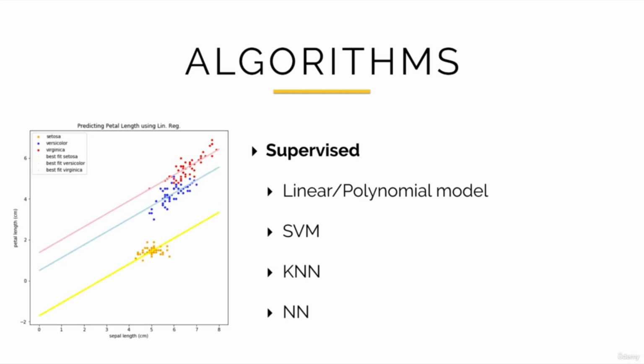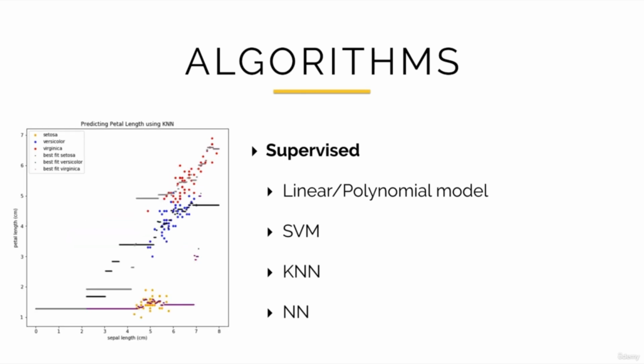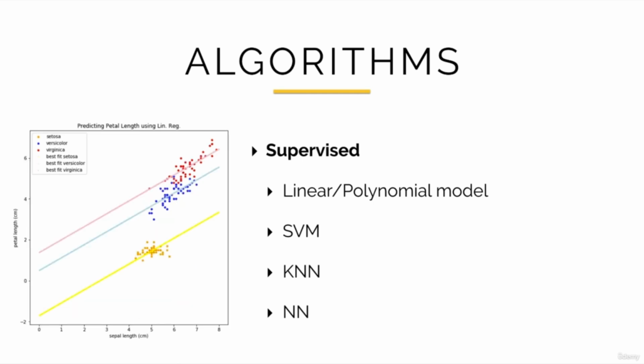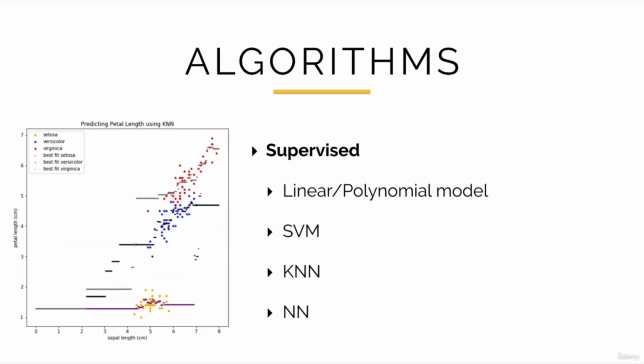Because we don't have data in that case, we actually don't know which one is correct, or if flowers of those characteristics even exist. Until we have data there, we can't validate which of these 2 is more accurate, but we can see that their behavior is very different. For the linear case, it really is just a straight line, whereas for the k-nearest neighbor case, we've got small horizontal lines that jump up and down as we go across the different sepal lengths.